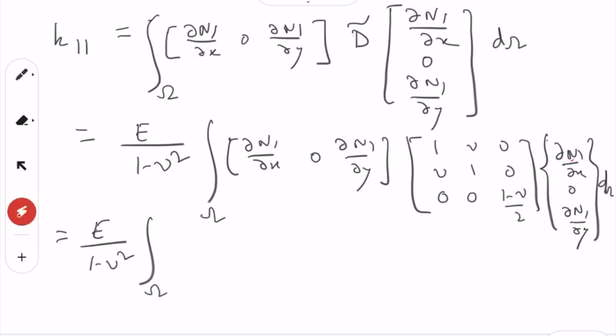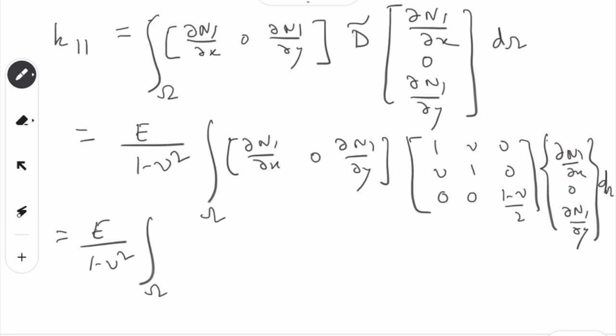This multiplied by this one: this 0 makes it 0, this 0 makes it 0. So the only thing that remains is the first one, del n1 over del x, multiplied by this one, so we get del nx only.